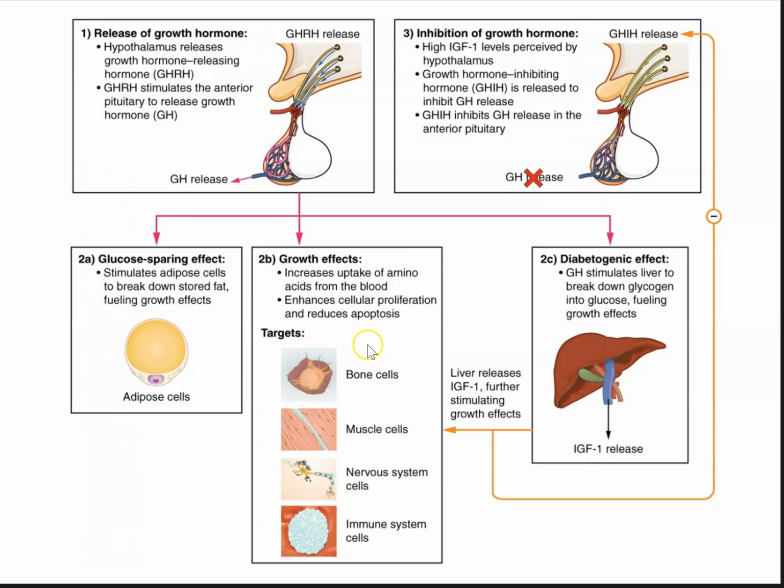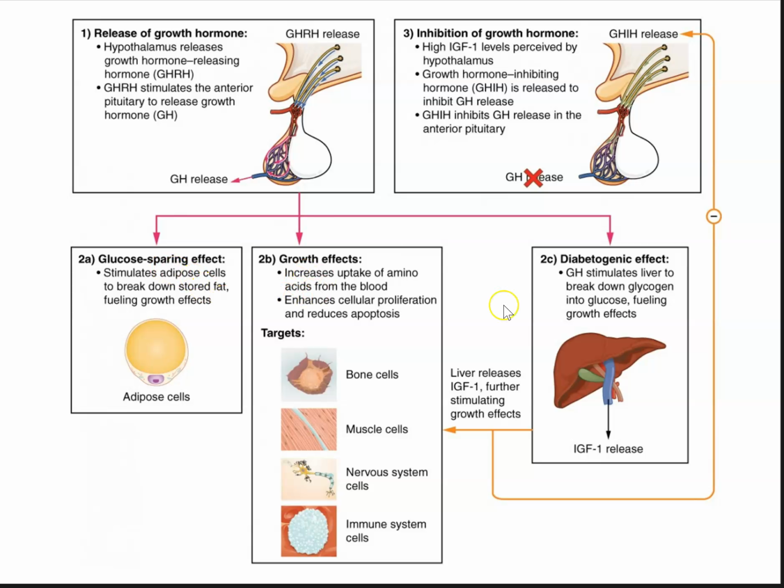And the other function of growth hormone is to cause lipolysis. So instead of using glucose for energy, growth hormone triggers breakage of fat. So it encourages the use of fats to obtain energy. We call this a glucose sparing effect.